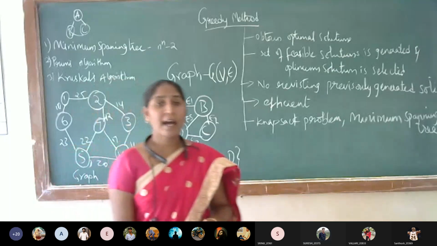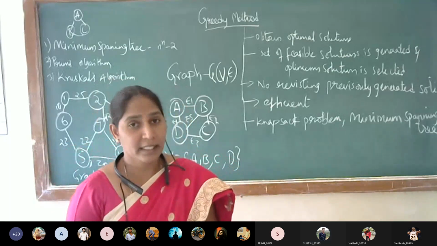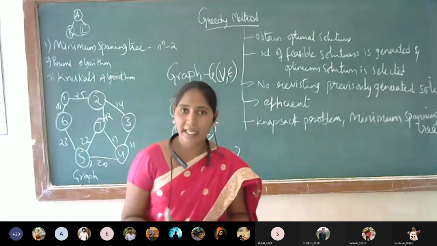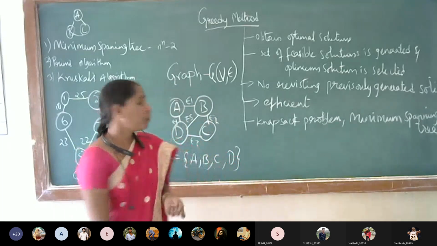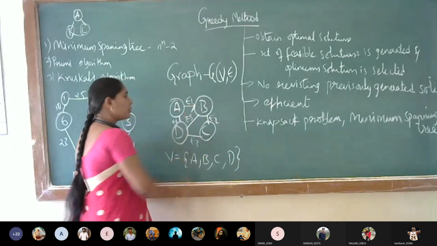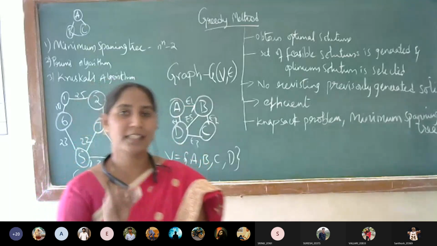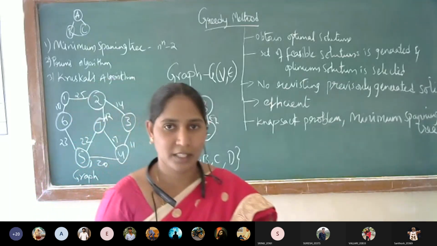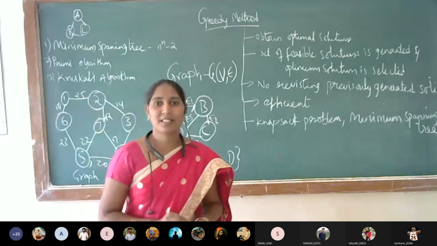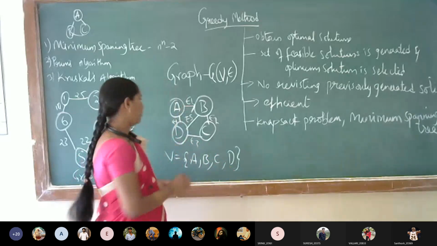We have two different kinds of graphs, that is, directed graph and undirected graph. When you are talking about the directed graph, we specify the flow, that is, from which vertex to which vertex it is traversing. The direction of traversing a graph is specified.